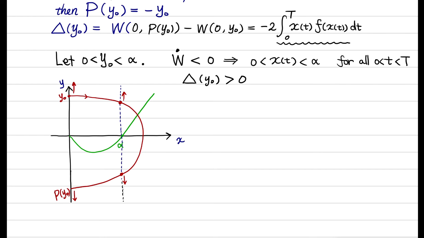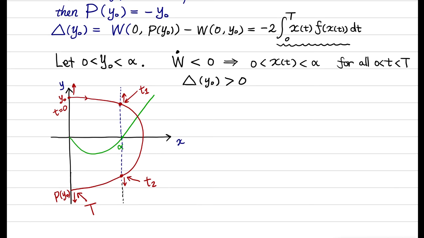Let's define the time. Again, time at 0 is at y naught. And let's define the time that intersects first with the x equal alpha line to be time t1. This time will be t2, and this time will be capital T as we already defined before.